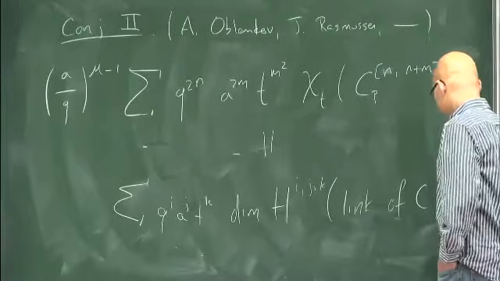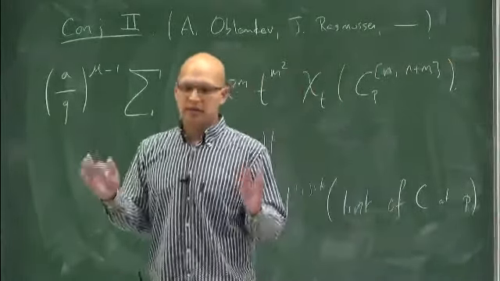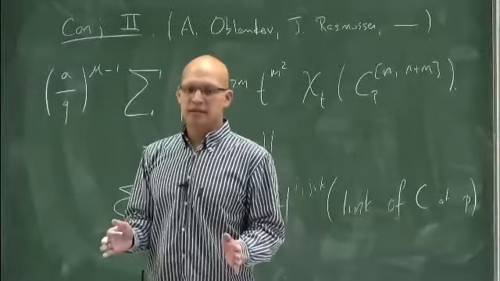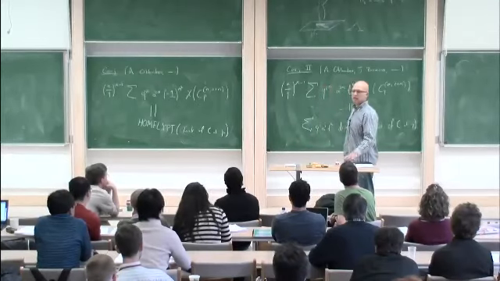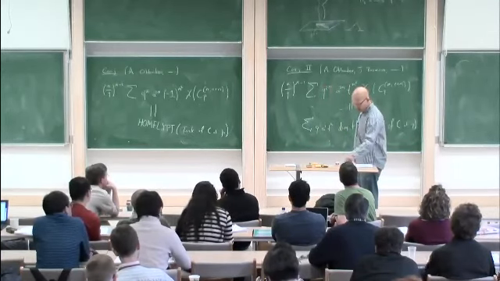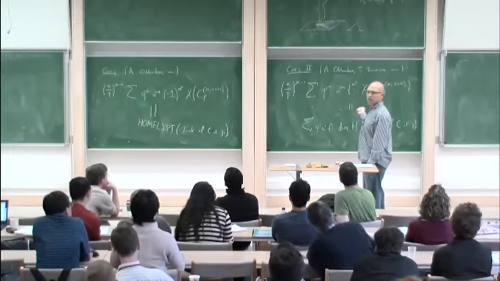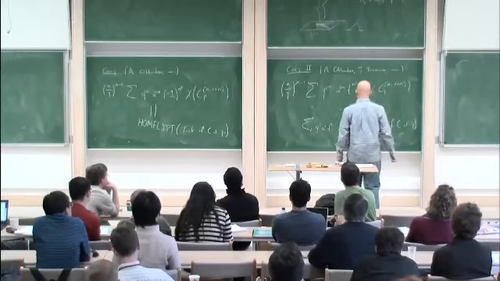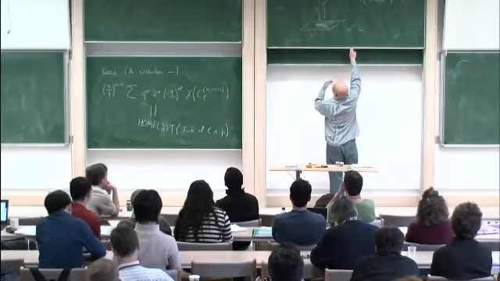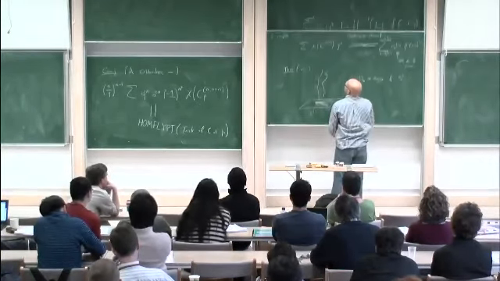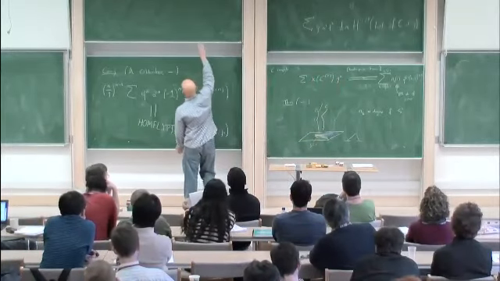Okay. Are there any questions about the statements? Did you say what the notation was? Yeah, virtual Poincaré polynomial in t. So I should mention that it is not my opinion that it's relevant that it's virtual. I think those things are all pure. But certainly all the calculations we've made have been virtual.